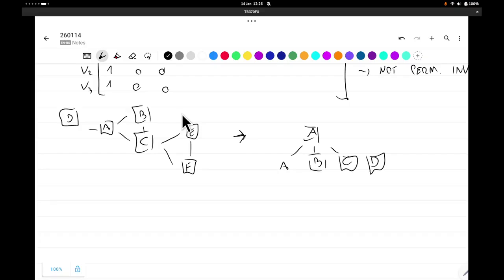And in turn, I expect that the information I use from B, C, and D to construct the embedding of A depends on their neighbors, right? So B would depend on A and C, and so on, D only on A. This is the motivation.